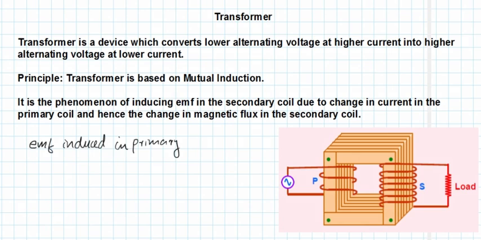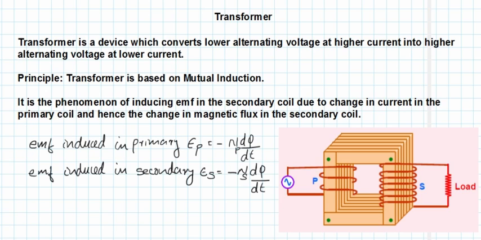The EMF induced in the primary, say EP, is minus N into d phi by dt, where N is the number of turns of the primary, which is NP. So EP is equal to negative NP d phi by dt.